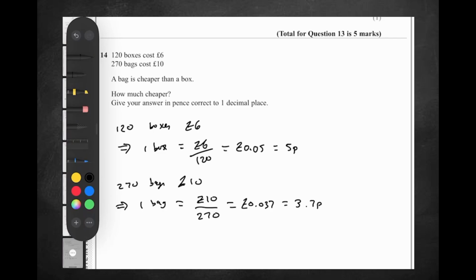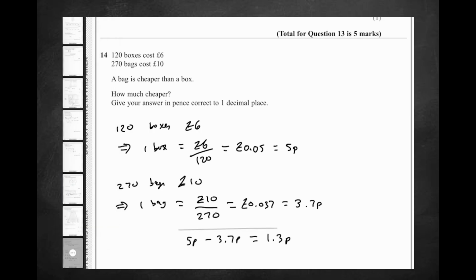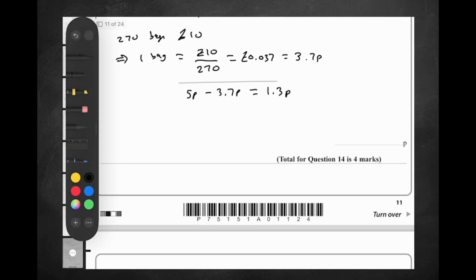And the question wants us to do it how much cheaper? So we're going to do 5p minus 3.7p equals 1.3p to 1 decimal place is correct.